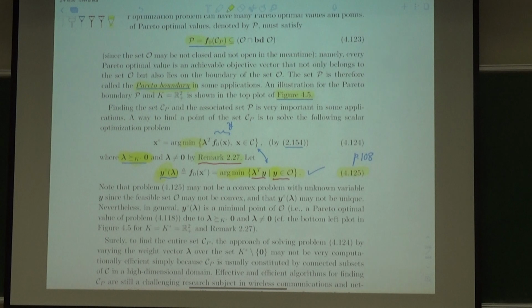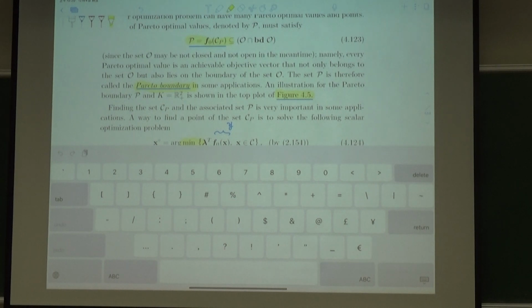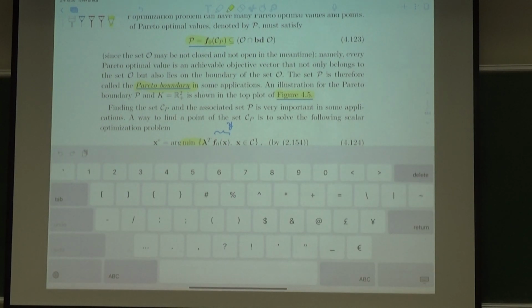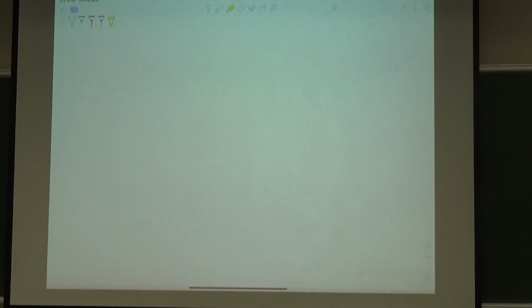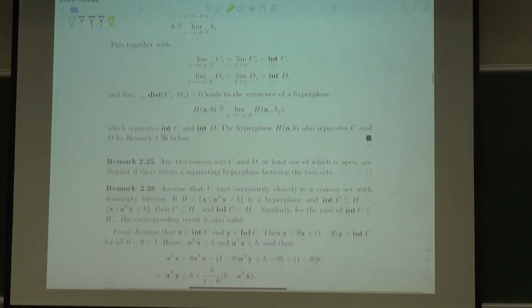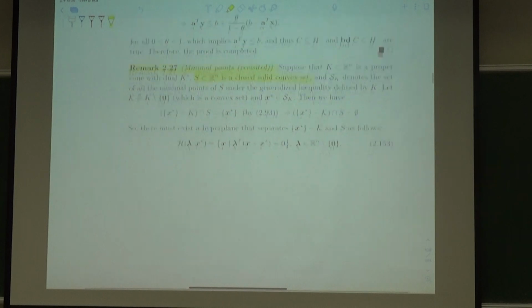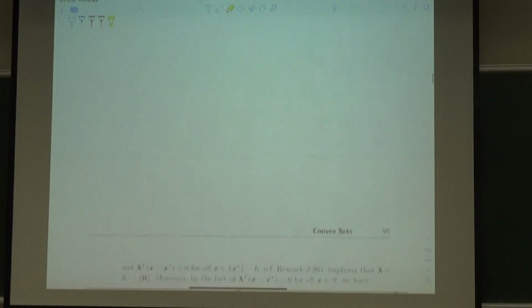Then you can check. I can show you 2.27, page 108. Okay, then this is the minimal points.